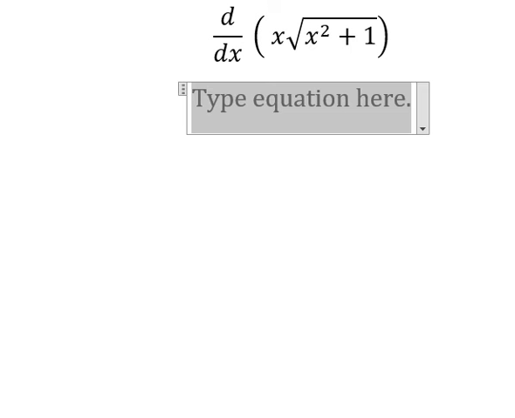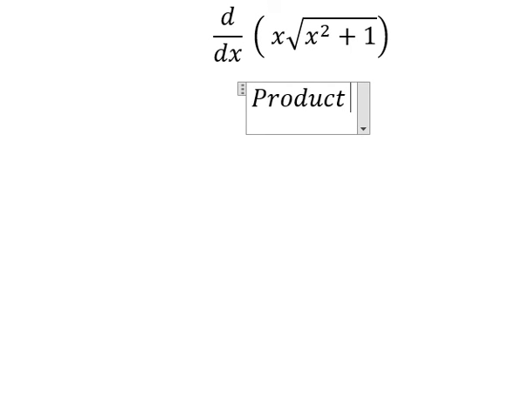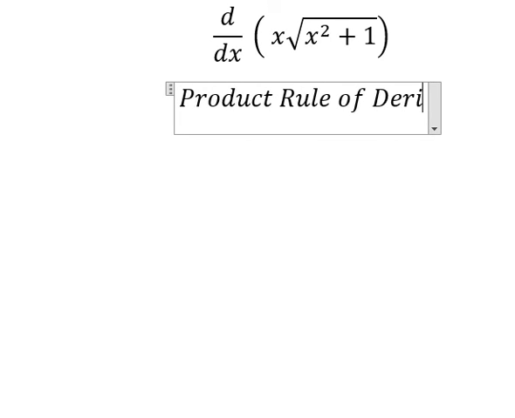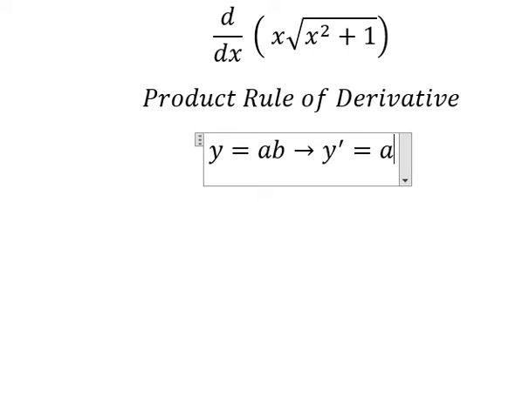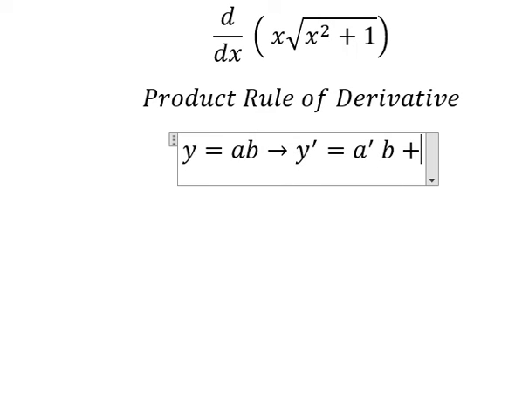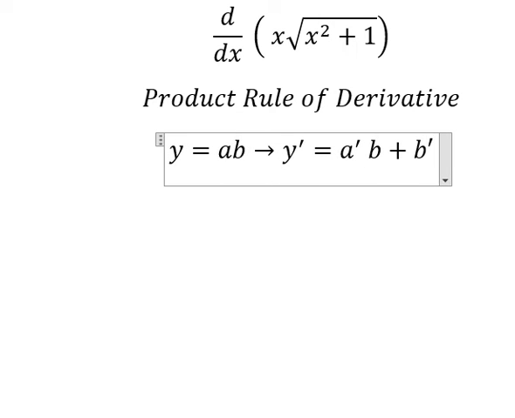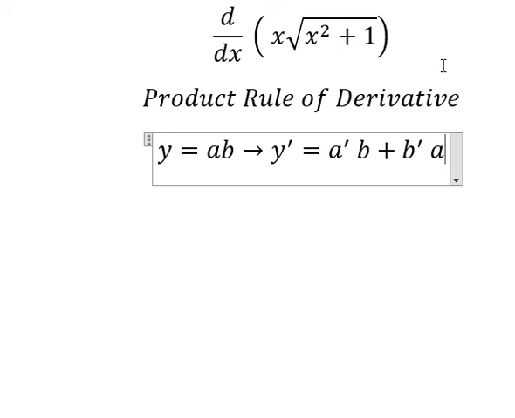We can apply the product rule of derivative. So we have y equals ab. If we do first derivative of y, we need to do first derivative of a multiplied by b plus first derivative of b multiplied by a.